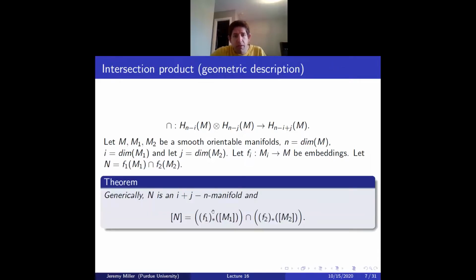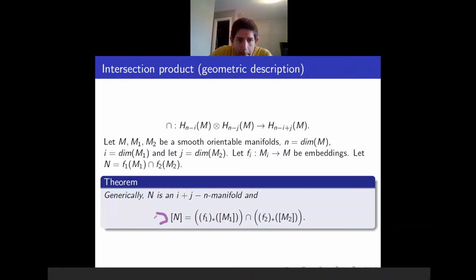What this theorem says is that the fundamental class of N, which we can view as living in the cohomology of M, is saying two things.